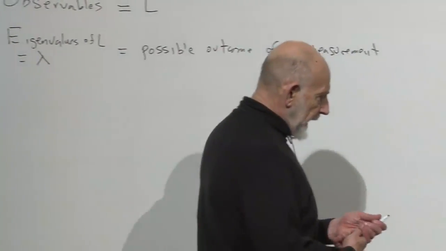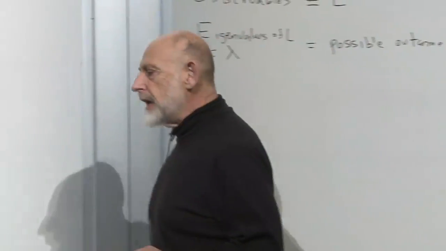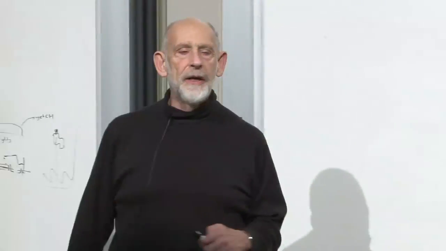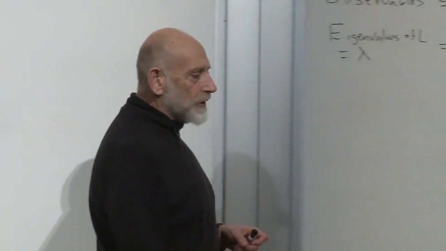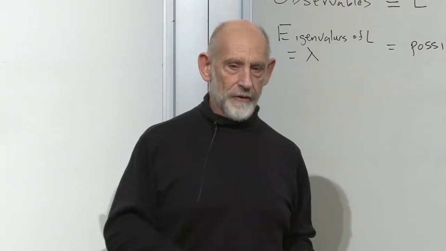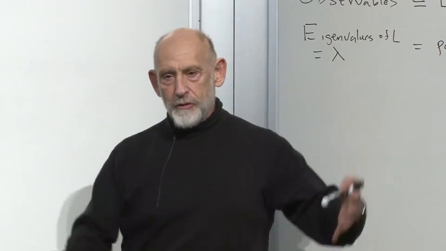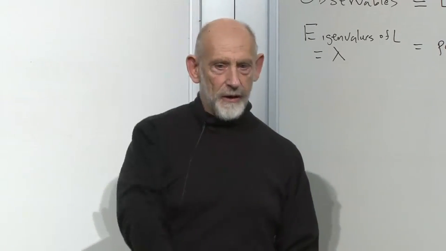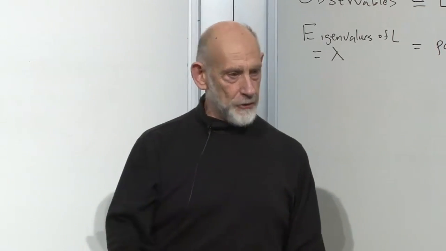In other words, somebody hands you a spin from out of their pocket, and they say, I created this spin, I prepared it in a state which is either up or down. Can you do an experiment to unambiguously tell me which one it is? Yes, you tilt your apparatus until it's pointing along the z-axis and you make the measurement.